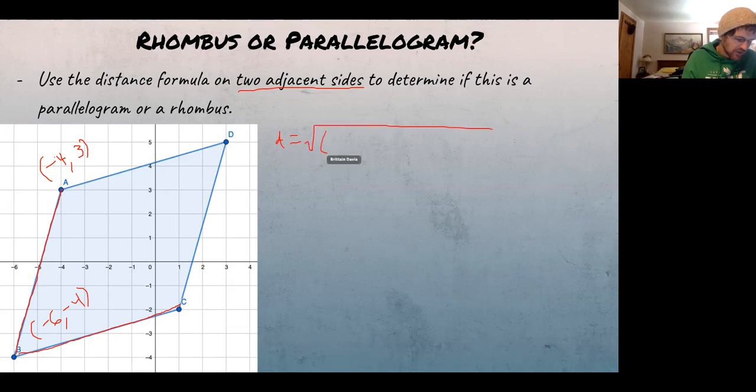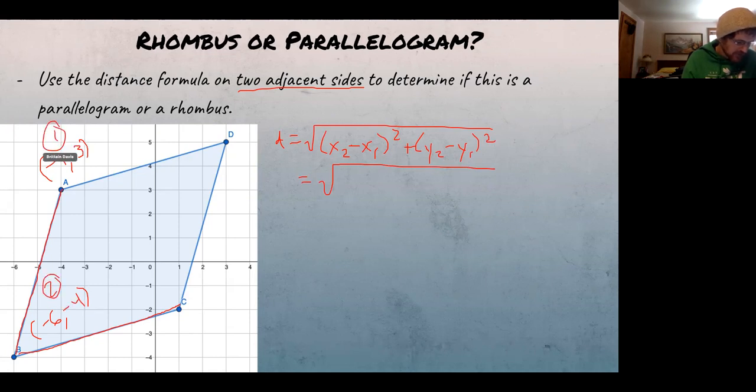x2 minus x1 squared plus y2 minus y1 squared. Plug these numbers in, and we get x2. I'll call this my second, and this will be my first equation.